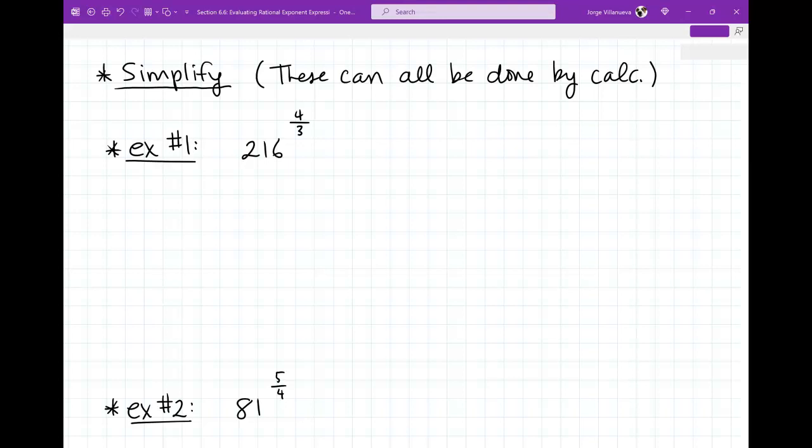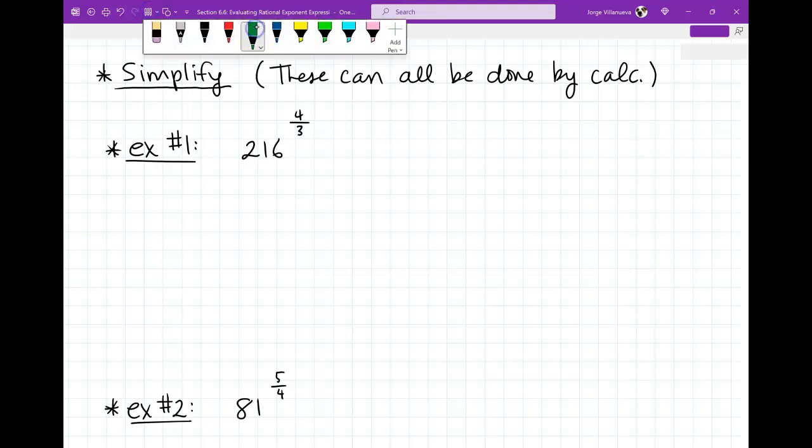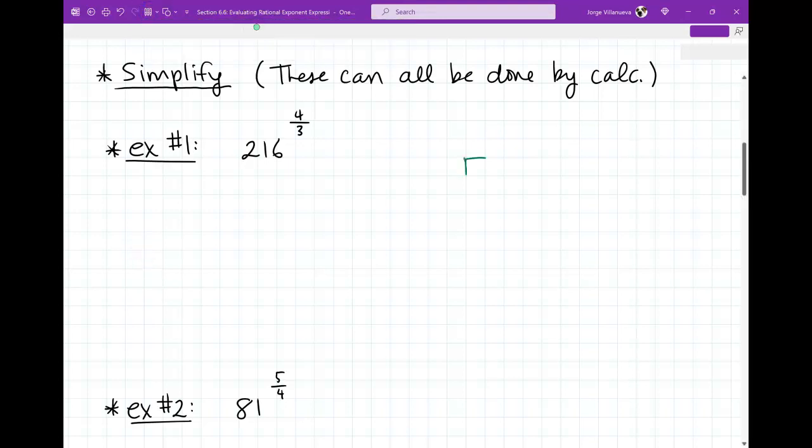All right, so I'll write this out for us. Let me use a different color way out here. So I would type in 216. Then I'll press this button, x to the box. Okay? And when I do that, on my screen it says 216, and now there's an empty box as a power, right? So I'm just going to type in the power of 4/3.